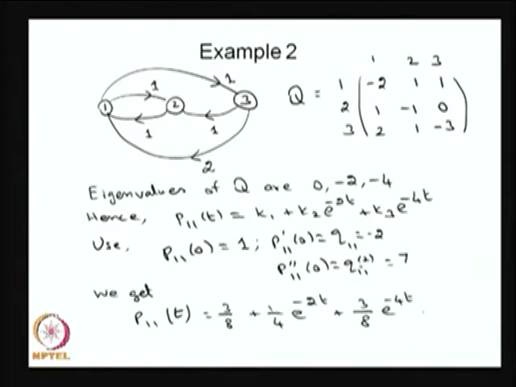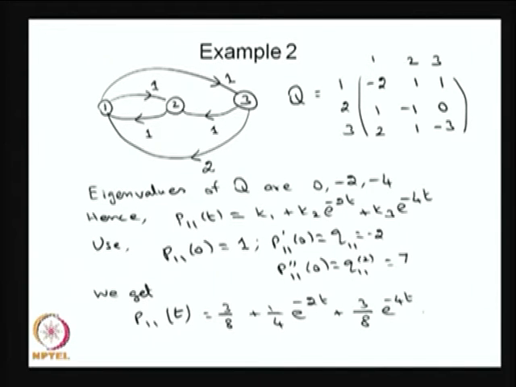Similarly, if I go for the Q square matrix, the element 1, 1 in the Q square matrix is nothing but P double dash of 1, 1, 0. Therefore, now I can use these 3 initial conditions to get the unknown values k1, k2 and k3. So, once I know k1, k2, k3, I can substitute.